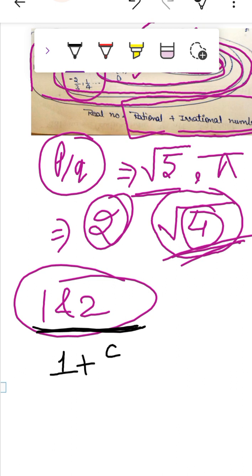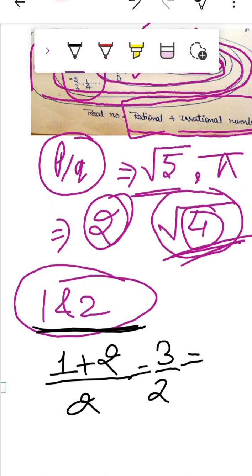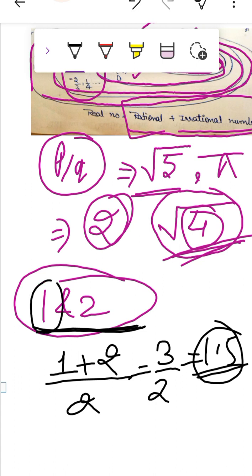So 1 plus 2 by 2, this is 3 by 2, this is 1.5, and we can say that 1.5 is greater than 1 but less than 2. So this will be a rational number between 1 and 2, right?